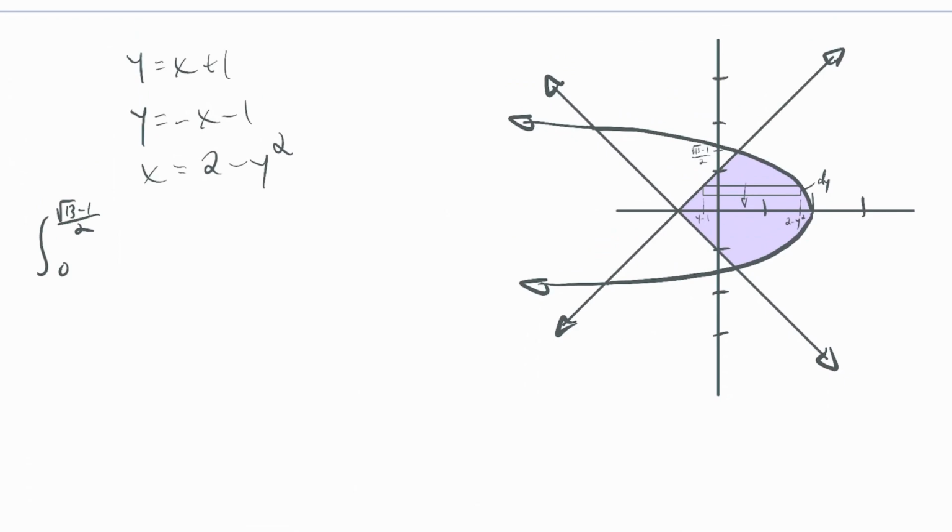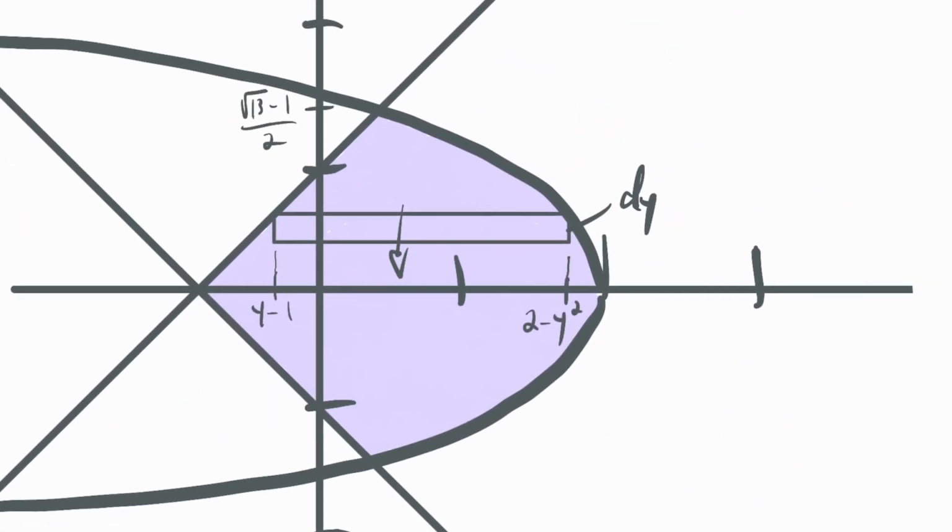Of, well, I didn't label this. Sorry. This is sort of a straight thing, but that's fine. So the length is going to be 2 minus y squared minus y minus 1, right?